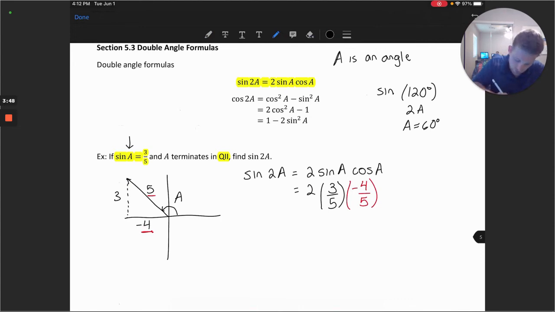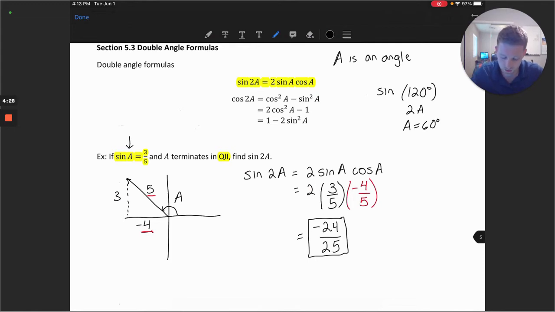And so we'll have 2, 3, and 4 give us -24 over 5 times 5 is 25. So our double angle sine 2a is equal to the ratio -24/25. You'll notice that this is the only formula for sine 2a, but we have multiple formulas for the cosine of 2a. So we'll take a look at those next.